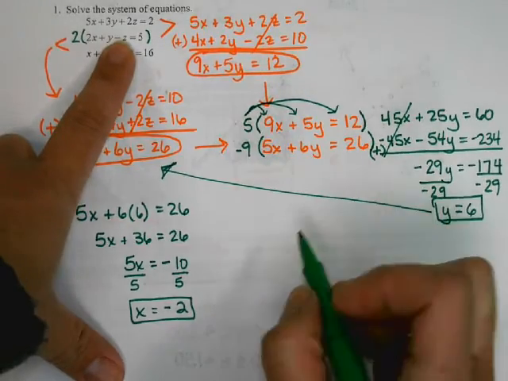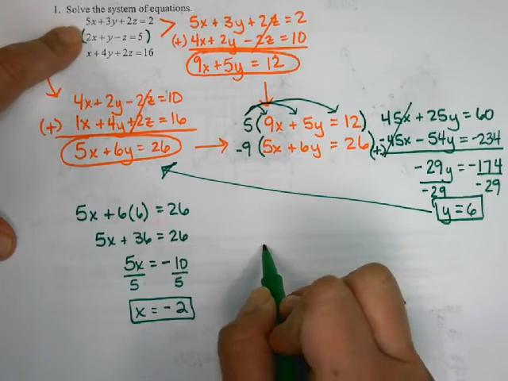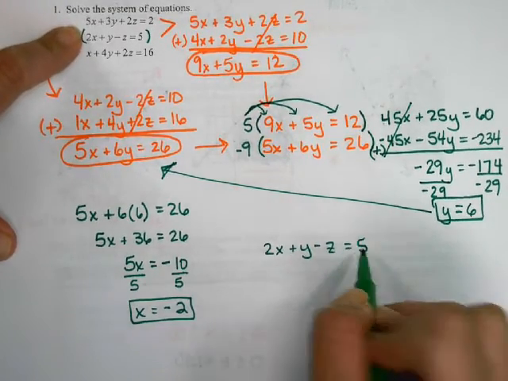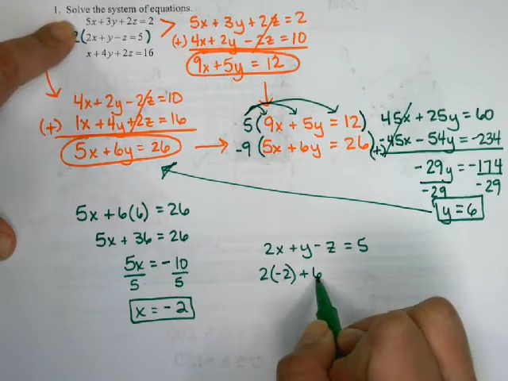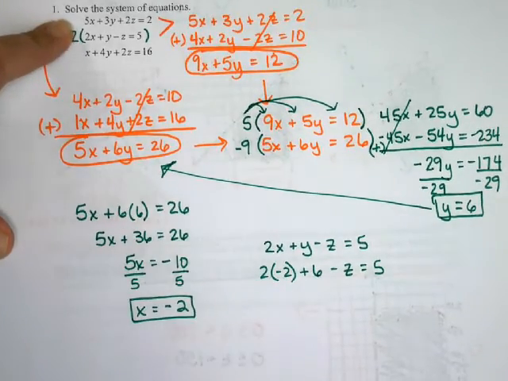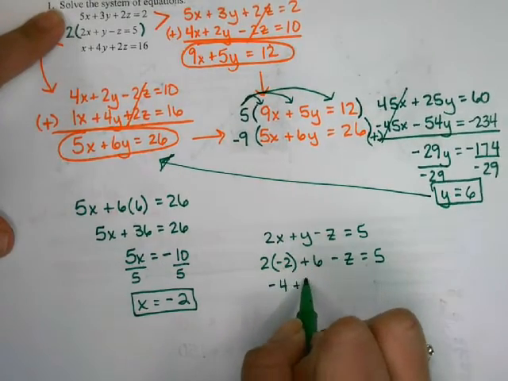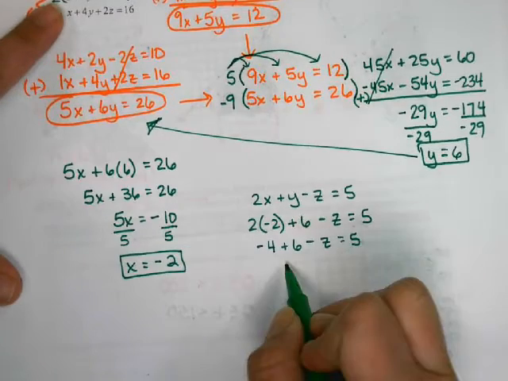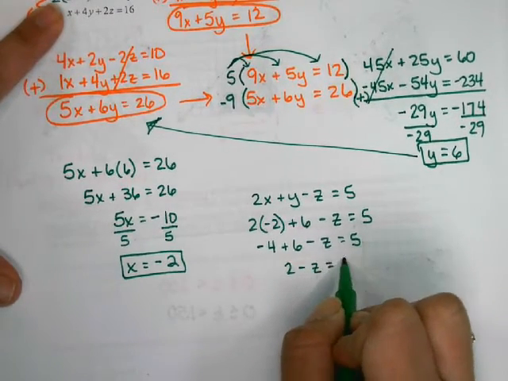I like it. So I'm going to go to the middle one before I multiply by anything. So I'm going to say 2x plus y minus z equals 5. And now I'm going to plug in negative 2 for x, 6 for y, negative 4 plus 6 minus z equals 5. 2 minus z equals 5.